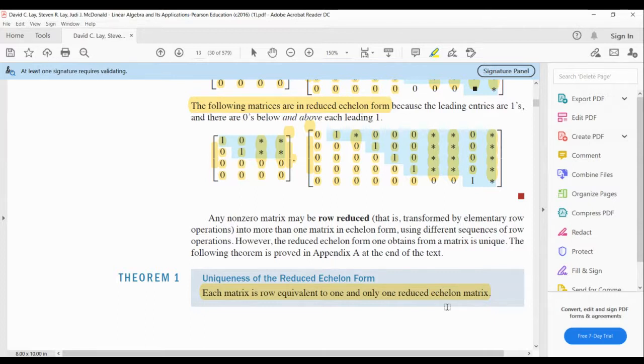But if you go all the way and get the matrix in reduced echelon form, everybody's reduced echelon form matrix is going to be the same. Are there any questions on that in general?